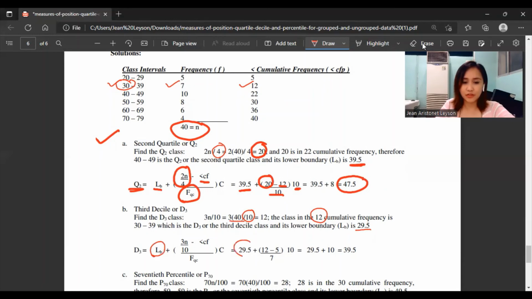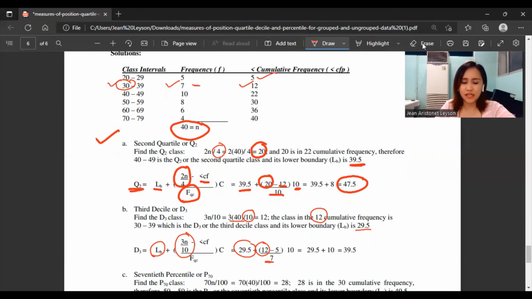So for our formula, D sub 3 equals lower boundary, again 29.5, plus the quantity. We already know this one, we have solved this earlier. That is 12. Then minus less than CF, that's the cumulative frequency less than the quantile class. So that we have 5. Then dividing it by 7, because that's the frequency of the quantile class.